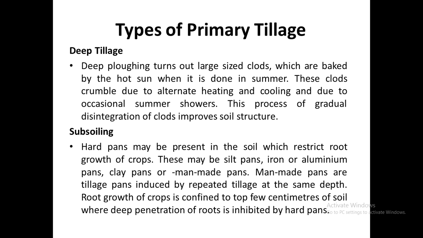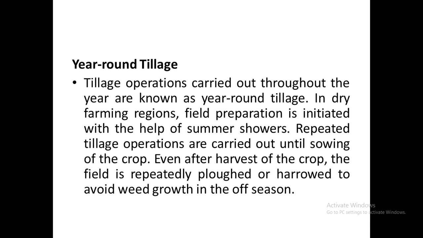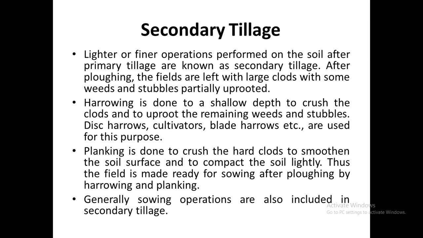Subsoiling is nothing but breaking of the hard pans present in the soil which restrict the root growth of the crops. So this is a picture of the subsoiler which is driven using a tractor. Year-round tillage are tillage operations done throughout the year. They can be carried out before planting the seeds in the field, after harvest, or in between when growing the crops in the field.